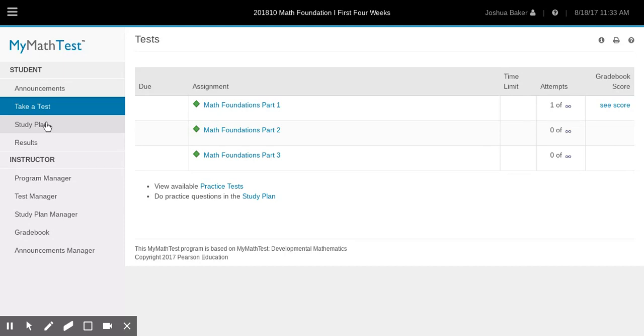Hopefully you guys understand this process and your instructor understands this process so that we can get you going and move those who are ready to move on to Math Foundations 2 out. Realize that in this class, Math Foundations 1, it really isn't a whole lot of teaching you things that you've never known.